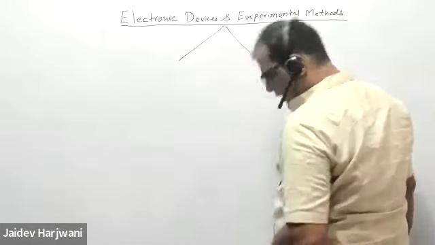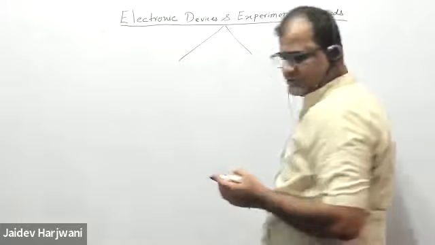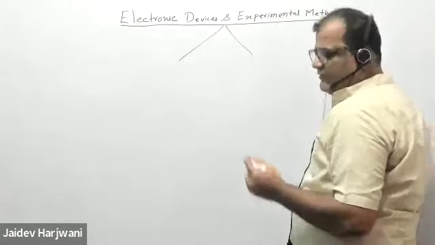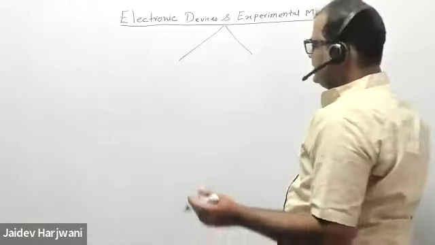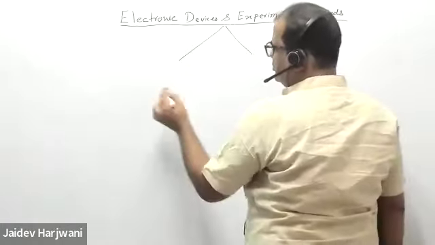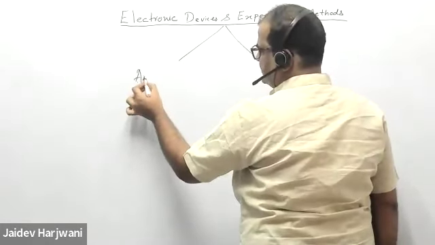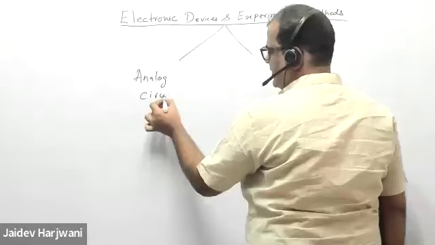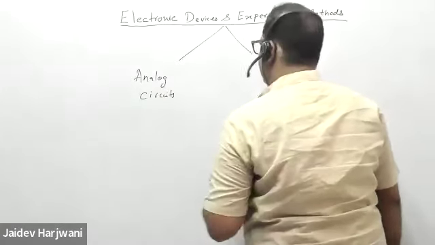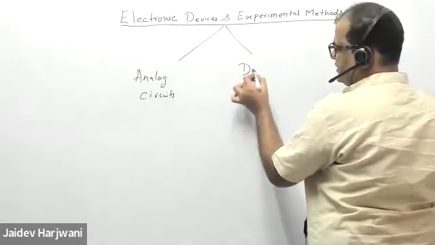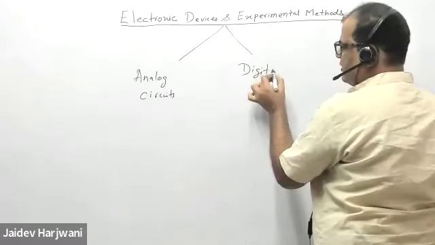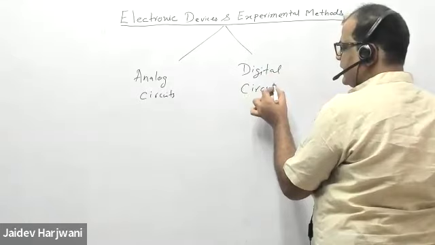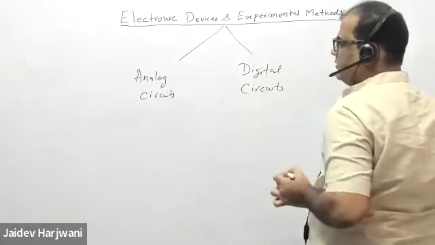One is analog circuits, because this course is all about devices and their application, so we divide it in two parts. One is called analog circuits, and the other part is digital circuits, or digital electronics.